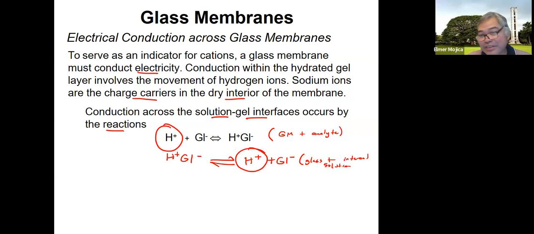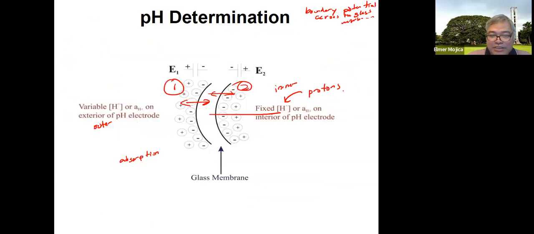The surface at which the greater dissociation occurs becomes negative with respect to the outer surface where less dissociation has taken place. So the dissociation usually takes place in the glass membrane and in the inner solution, because what's happening here is the binding of H plus with the glass membrane. So you can still develop something here in between.